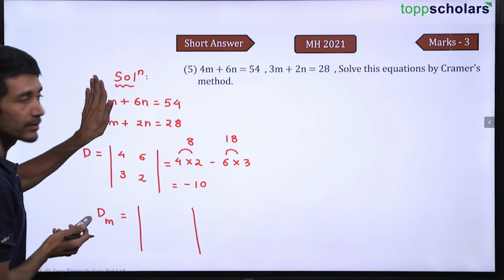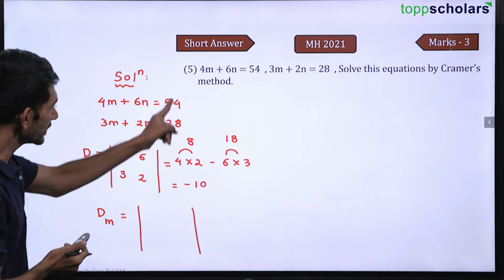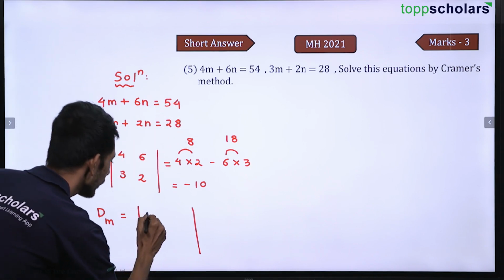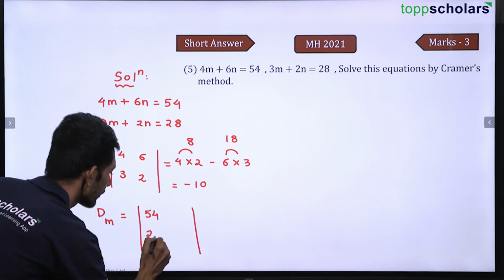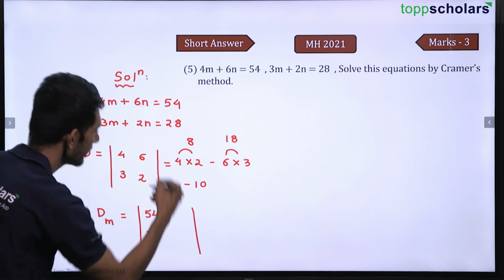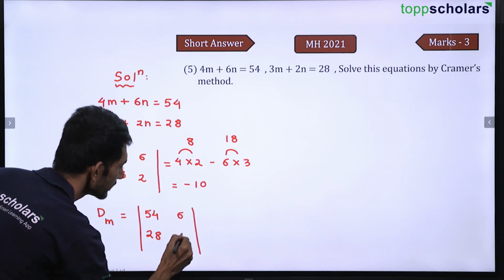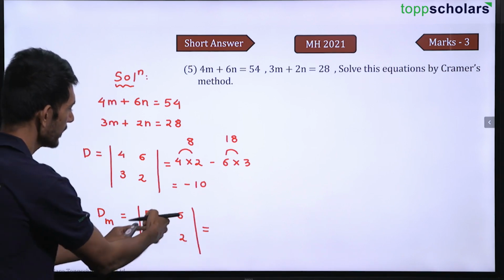So ignore m. Start with constants first. That is 54, 28. And then y. Y is nothing but n here. 6 and 2.